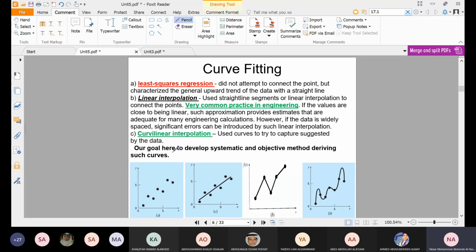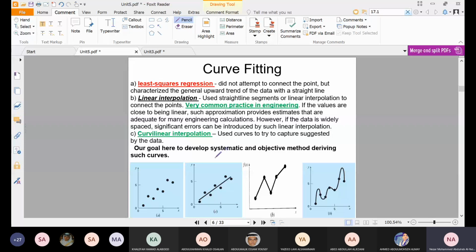So our goal in this chapter is to develop systematic and objective methods to derive such curves. We'll give you a table of data. After that, we'll use this data to find the best fit and also to derive the curve of these data.